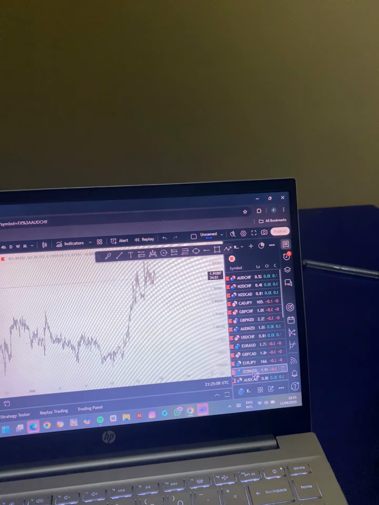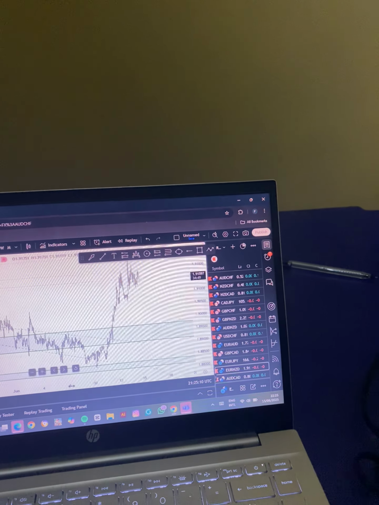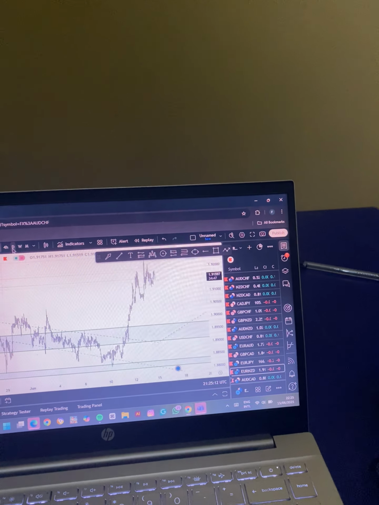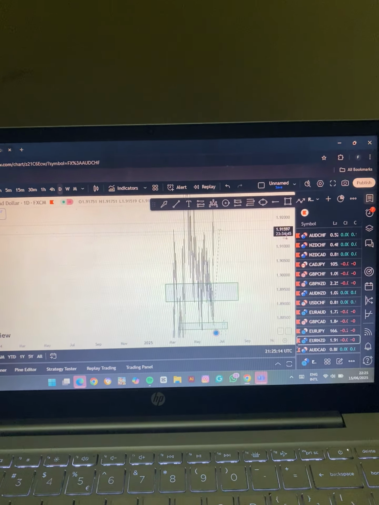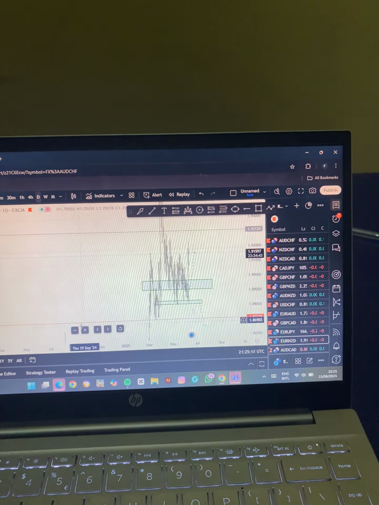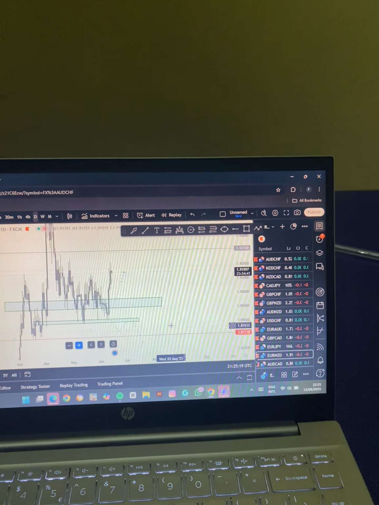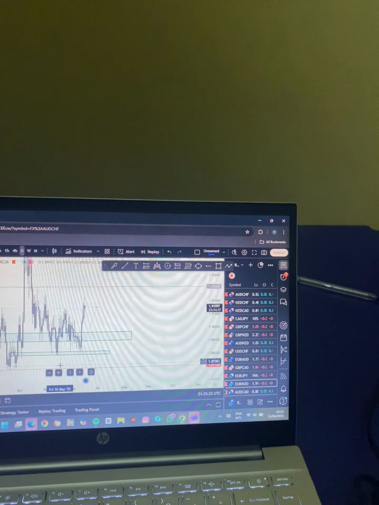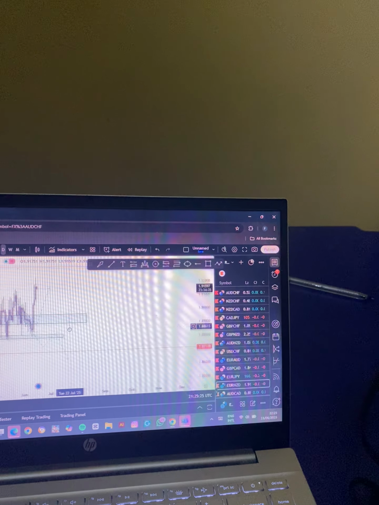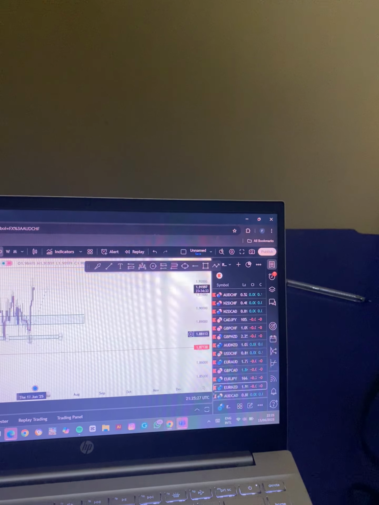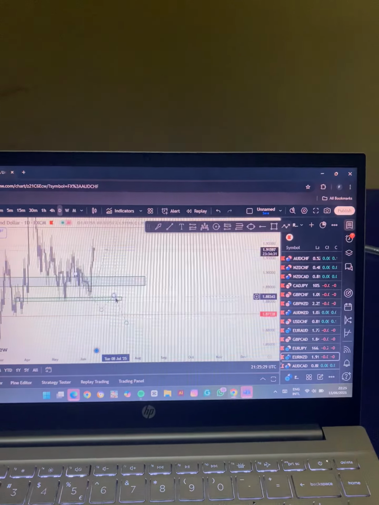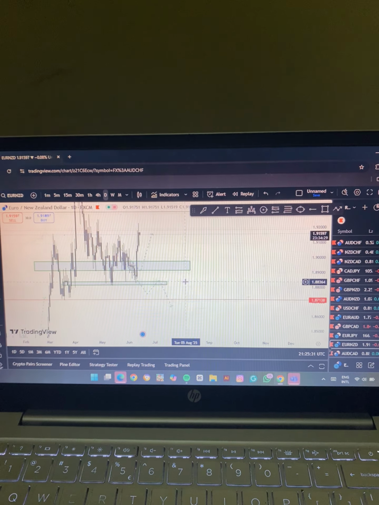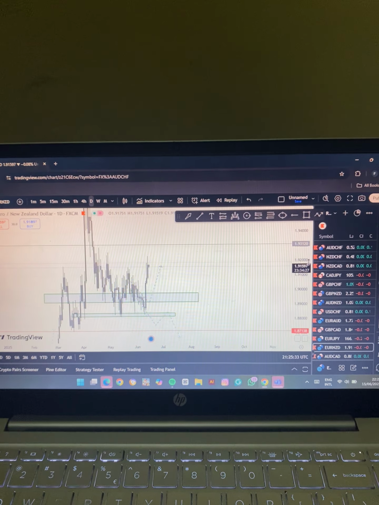Then for Euro NZD, the analysis for this one: at first I was thinking I had to buy. If it broke below this and retested, then we'd be looking for sales down to this area. But it didn't do that.